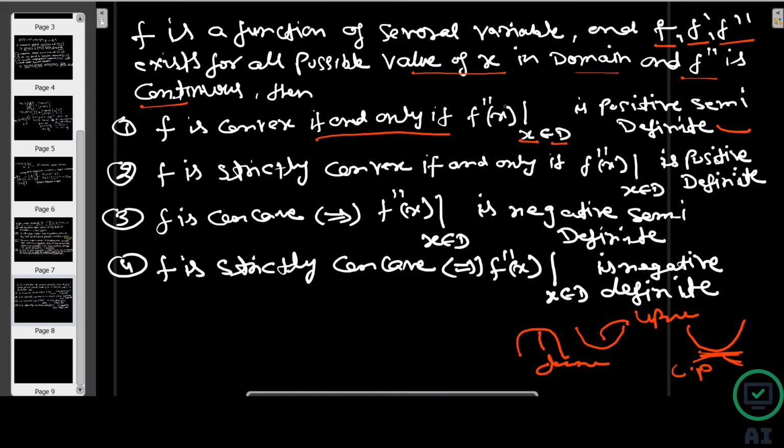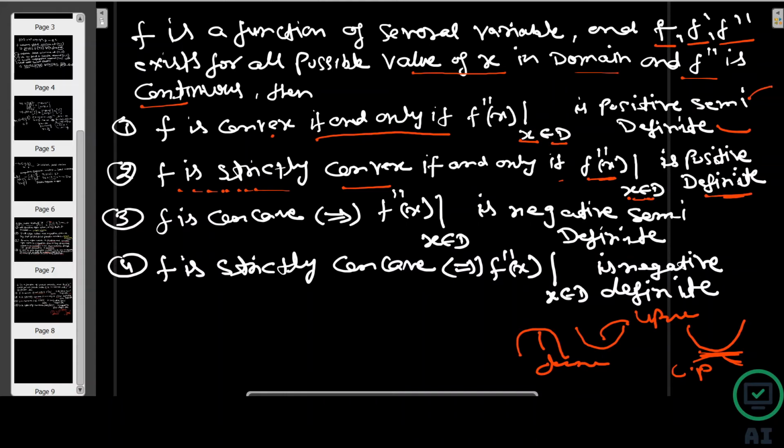So we have to find the second derivative for all possible points in the domain, and then calculate the positive semi definiteness. If all those matrices are positive semi definite, then we clearly say that the function is a convex function, and then at a stationary point it will achieve a local minima. f is strictly convex if and only if the double derivative of f at x belonging to the domain is positive definite.